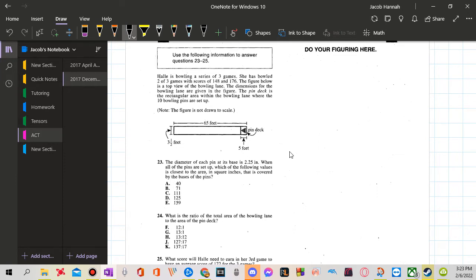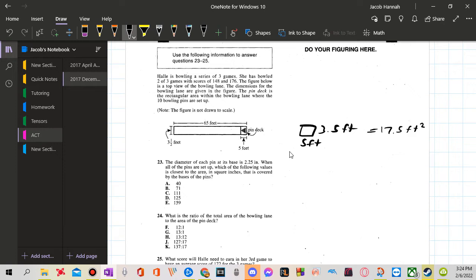When all the pins are set up, values is closest to the area. Okay. So this is 5 feet, and this is 3.5 feet. So this little box is 5 feet, and this side is 3.5 feet. So this is gonna be 5 times 3, 15. 5 times 0.5, 2.5, so this is going to be 17.5 feet squared, technically.